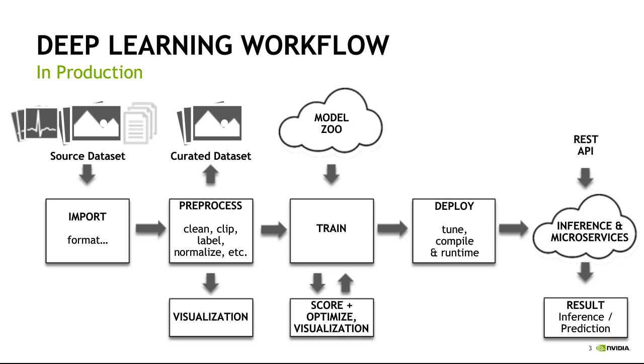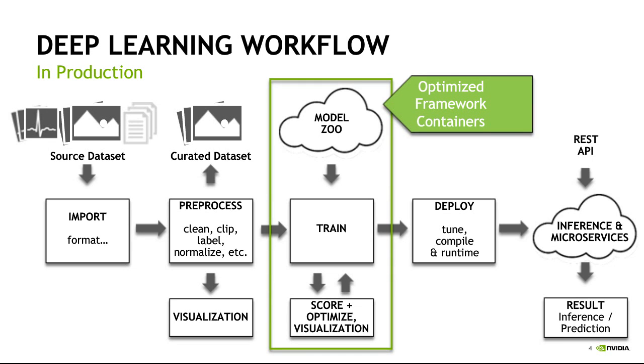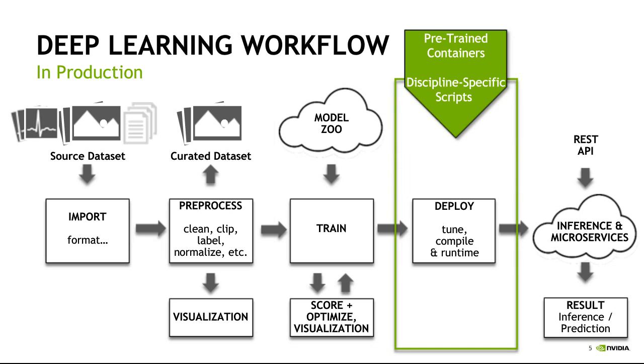So to really try to make this complex process simpler, what we've done is, we've taken some of these key parts of the workflow and containerized them and made them available on NGC, NVIDIA GPU Cloud. For example, we have optimized virtually all the frameworks and made those containerized, made them available to you. We have also made available containers with pre-trained networks for deployment and discipline-specific or application-specific scripts.